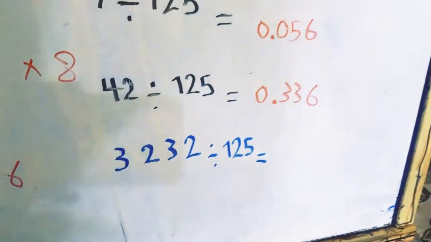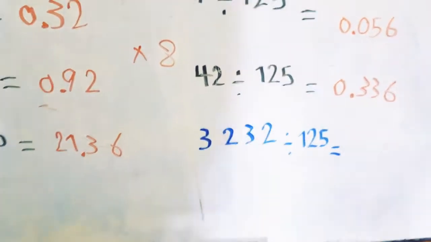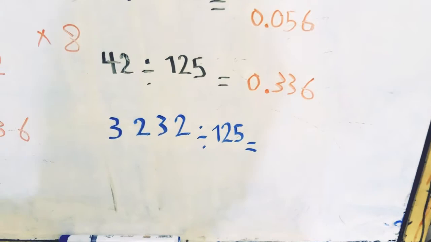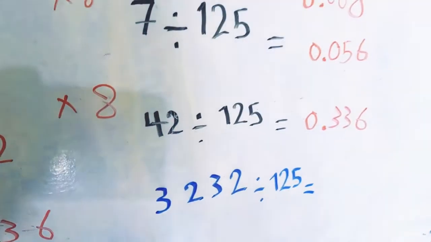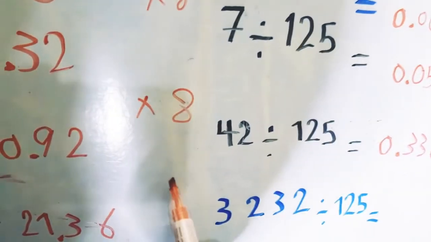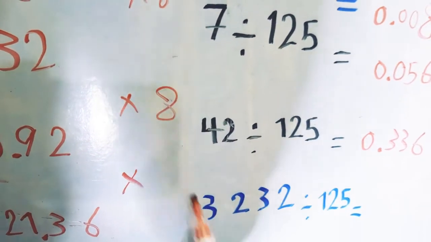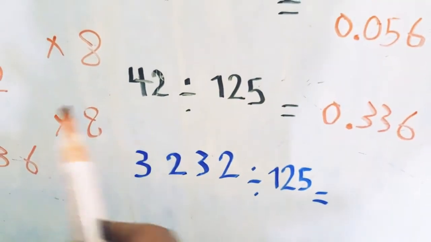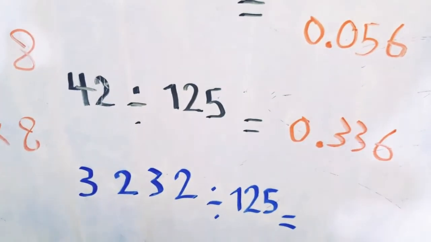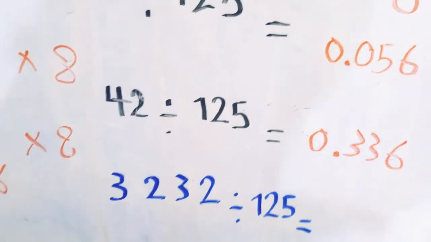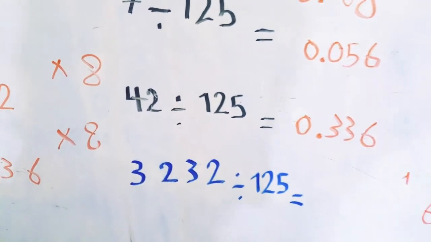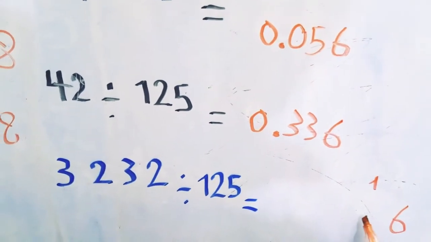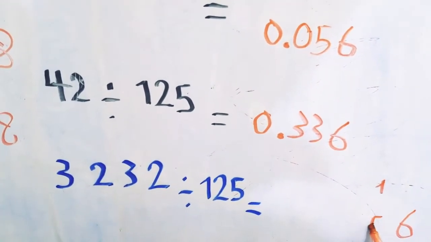Let's conclude our episode by this example. We have 3232 divided by 125. Of course, when we divide a number by 125, the rule states that we look at the dividend and then multiply it by 8. Okay, let's try. 2 times 8 equals 16. We carry 1. 3 times 8 equals 24. 24 plus 1, 25.